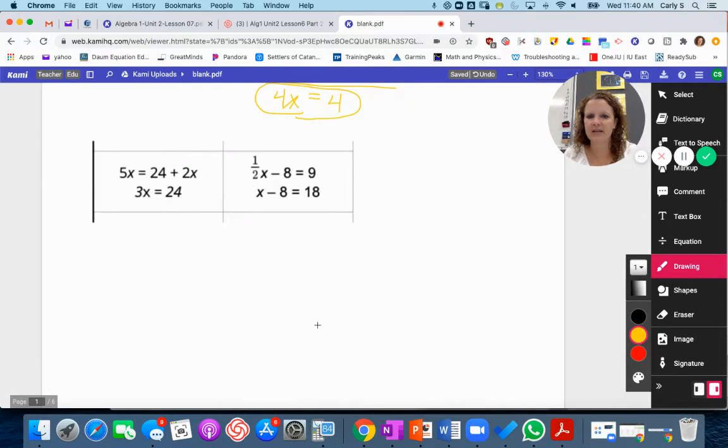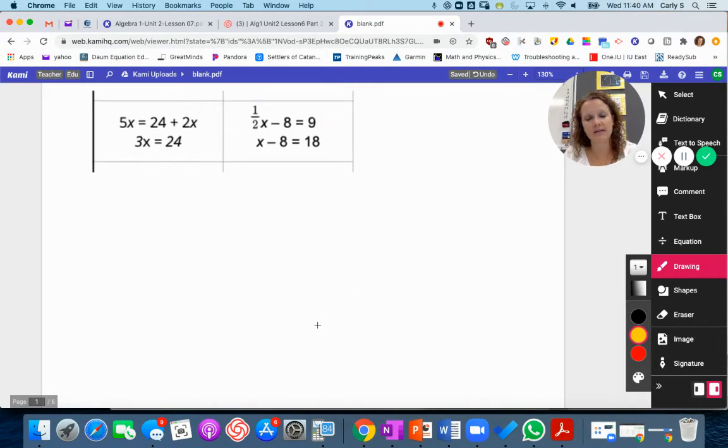All right, let's try the next one. On the left, that's column A. We're trying to see why they're equal. And on the right, that's column B. So here, 5x equals 24 plus 2x, and 3x equals 24.